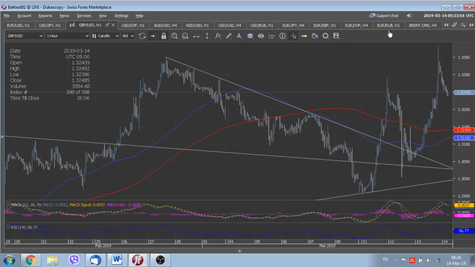We suggest that these highs that were registered during the previous trading session at 133.80 should give a kind of excellent opportunity to enter fresh short positions in the cable.